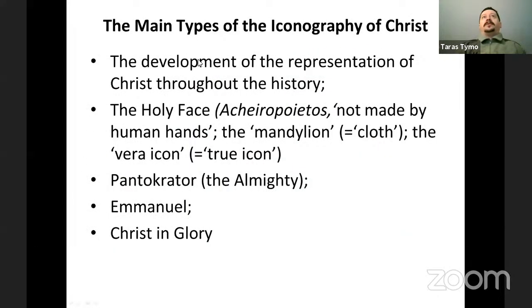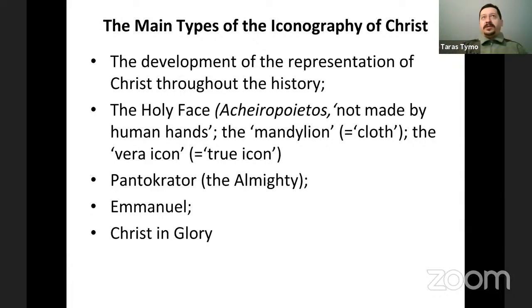So today we will cover the following steps in our presentation. We will look at the development of the representations of Christ throughout history in the first millennium. And we will try to see the logic of this development. How did Christians come to represent Christ in a certain conventional, fixed manner?